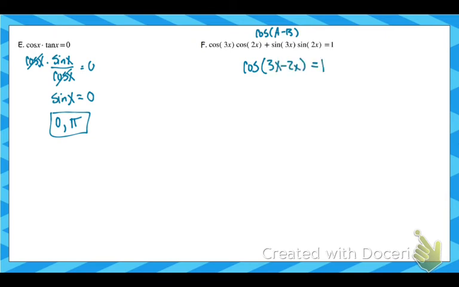So all of this stuff on the left can be simplified to cosine 3x minus 2x. So what I'm left with then is the cosine of just x equals 1. This is an equation we've done a lot now. Looking for where the x coordinate is 1, and the x coordinate is 1 at 0.